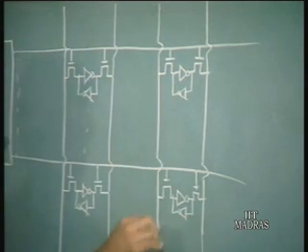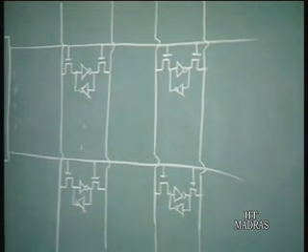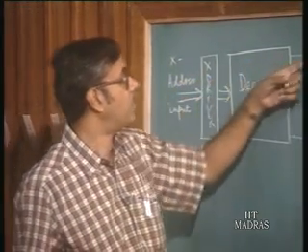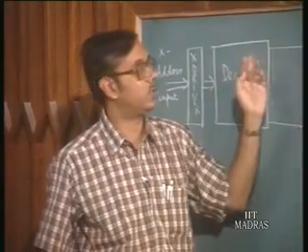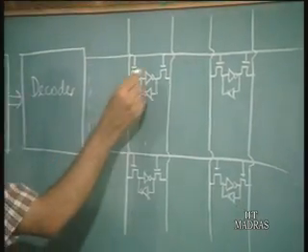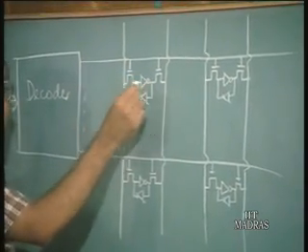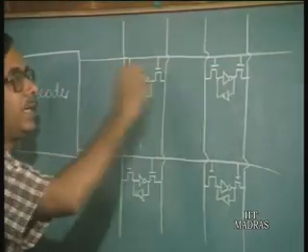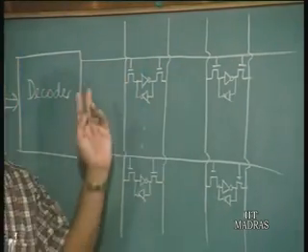Now, depending on the X address inputs, one of the output lines of the decoder goes high, and which selects the pass transistors corresponding to that particular row. So, all the cells in that particular row are selected.